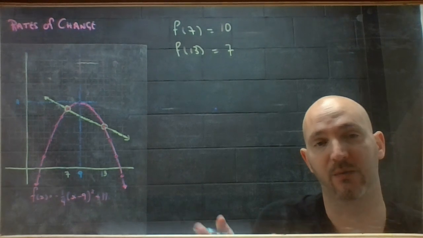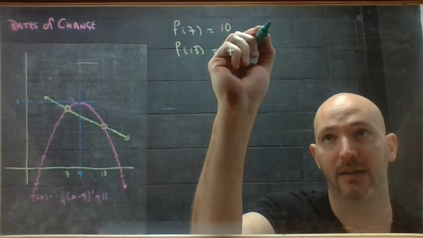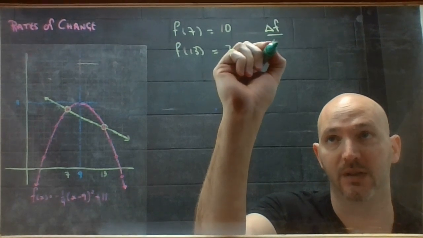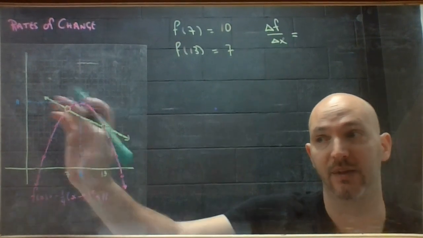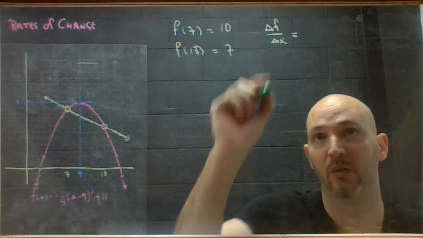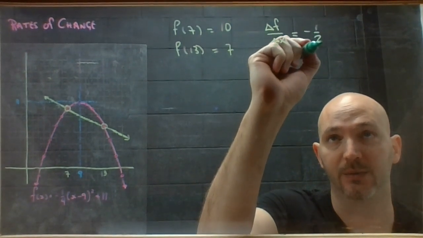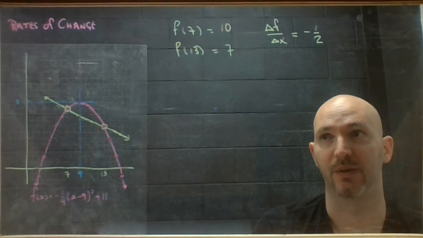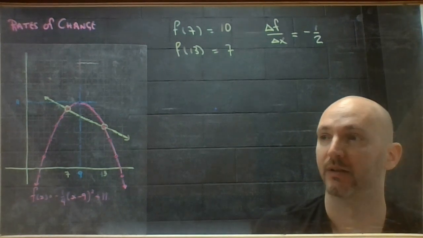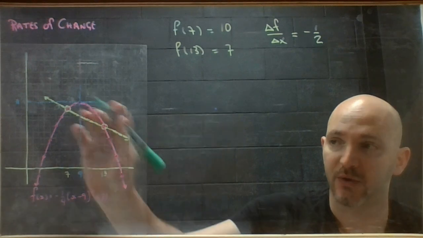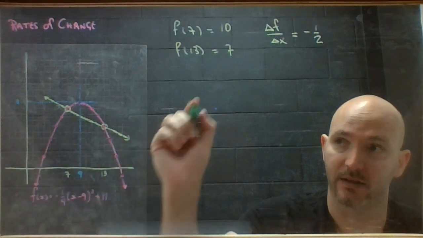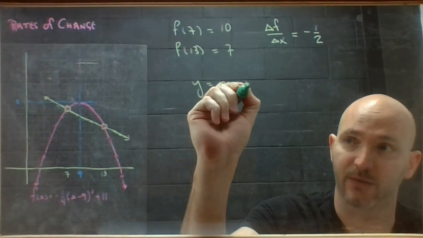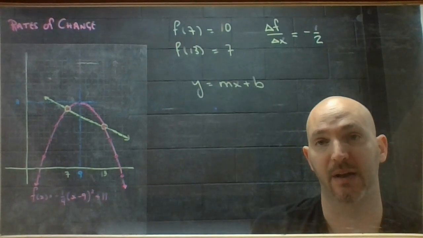And there was a bunch of work here where we learned that the slope, delta f over delta x, of the secant was negative 1/2. Okay, so with all that information gathered, if I'm trying to draw the equation of a line, I start with the same basic format we've always had for lines, y equals mx plus b.